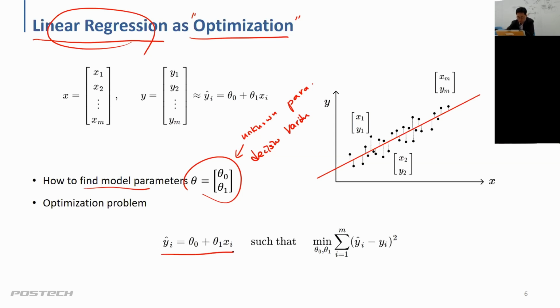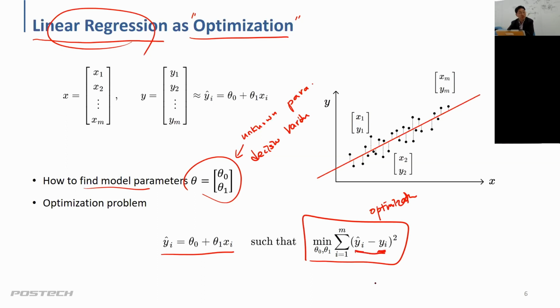So it will be the model that we have, and this is the optimization problem. In that case, this is the objective function, right? So I want to minimize this: this is the actual output value, and this is the predicted value from the given input and the linear model.